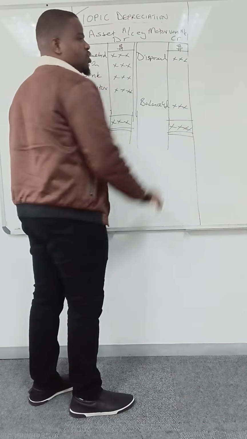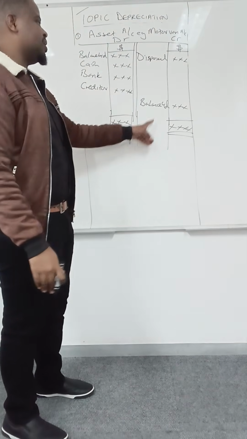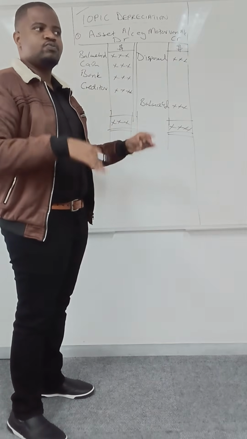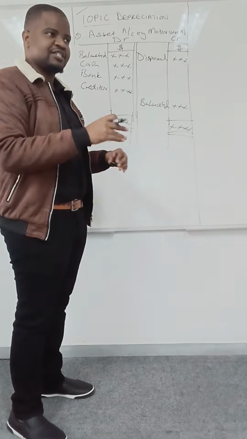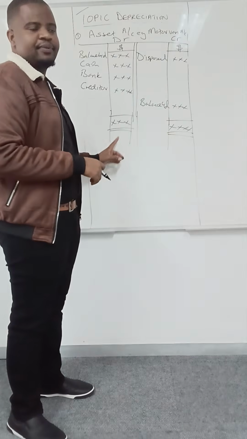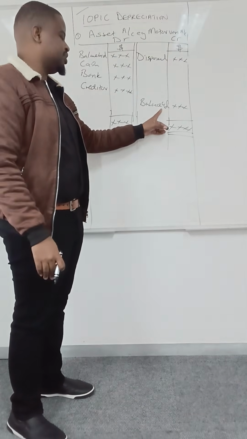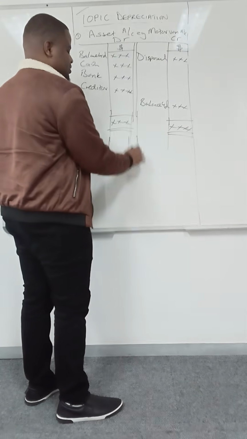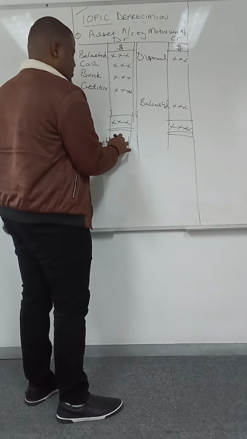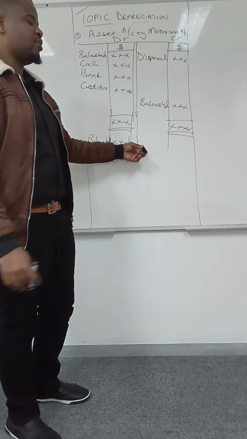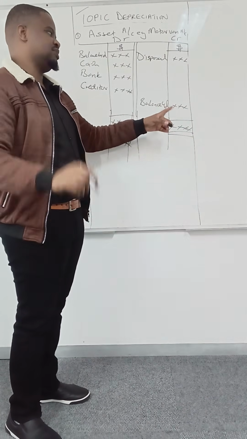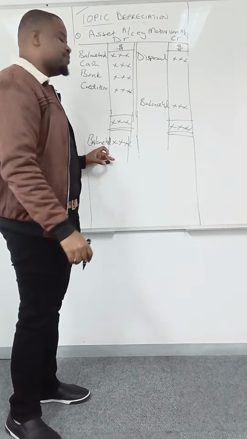Balance carried down. So the problem is that many students leave balance CD here. If you check your marking scheme, there is no mark there, the mark is placed here. So if you do not bring down your balance CD, forget and smile about getting your mark. So you need to always bring down your balance CD to become balance BD.